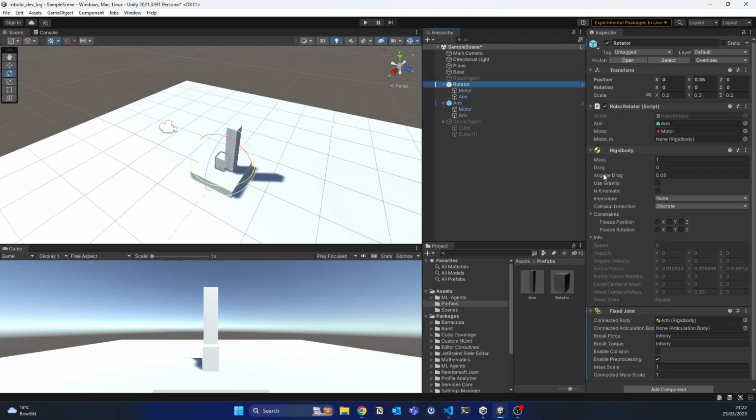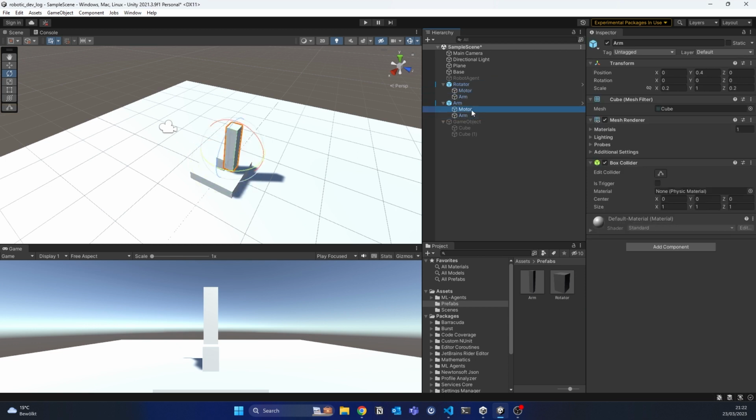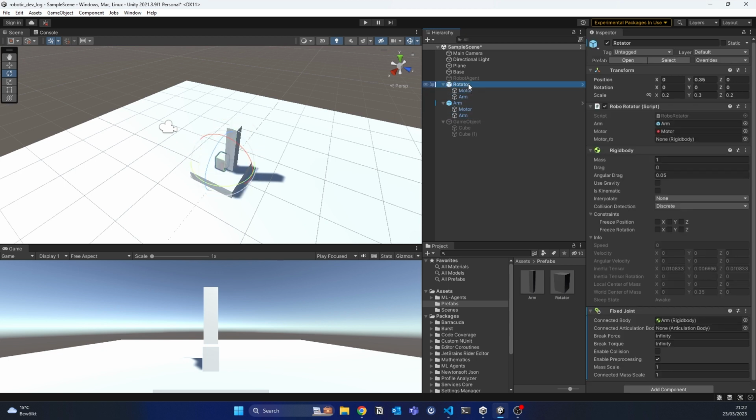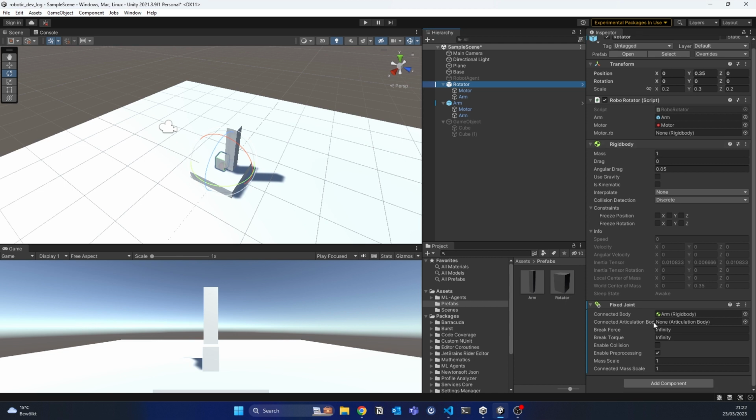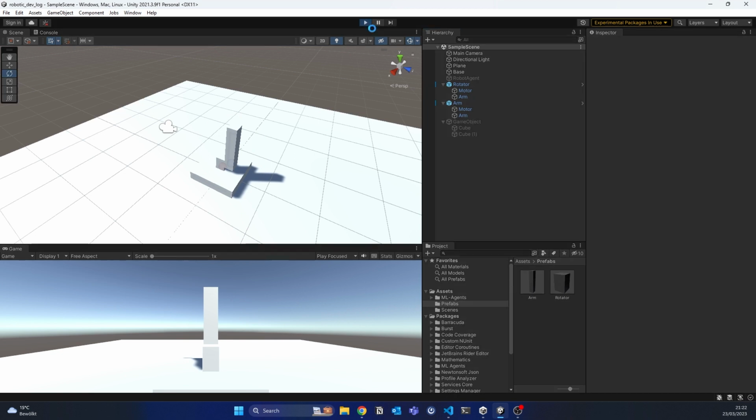Aha, I have that. Oh shit, did I have to duplicate it? And that's because it didn't work. Arm, I have colliders, I have the motor, I have the arm with a rigid body, I have the rotator with a fixed joint, and okay. Oh damn. Let's try this again. Alright, how about now? I have high hopes.